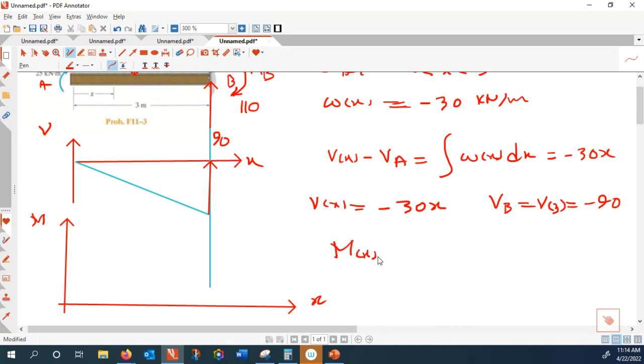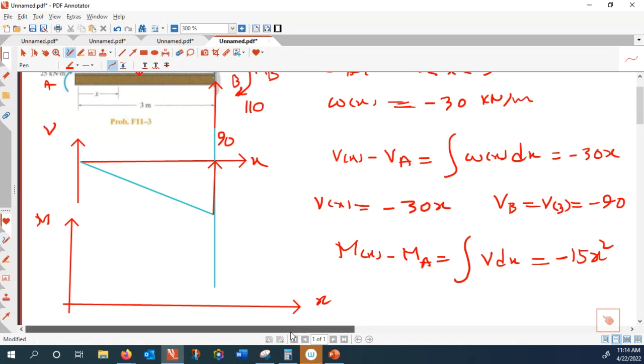M of x minus M of a is integral of V dx. And V is minus 30x, correct? So this is minus 15x squared. But what is M of a? Can anyone tell me what is M of a?